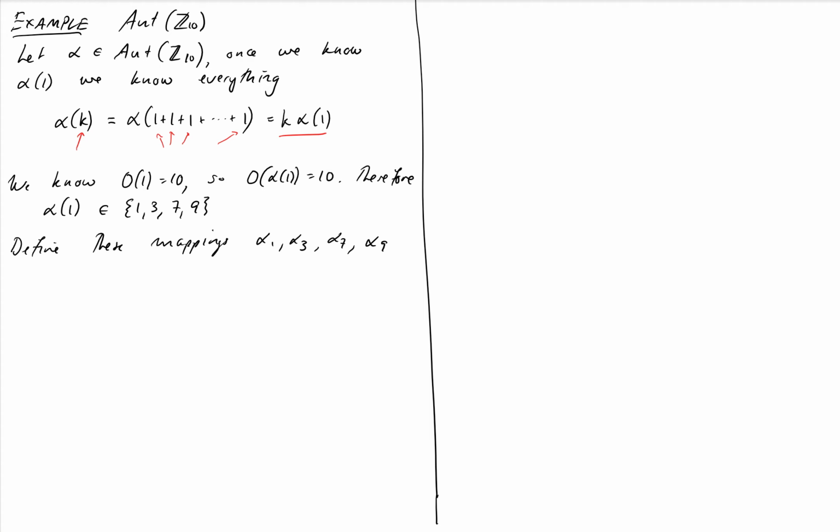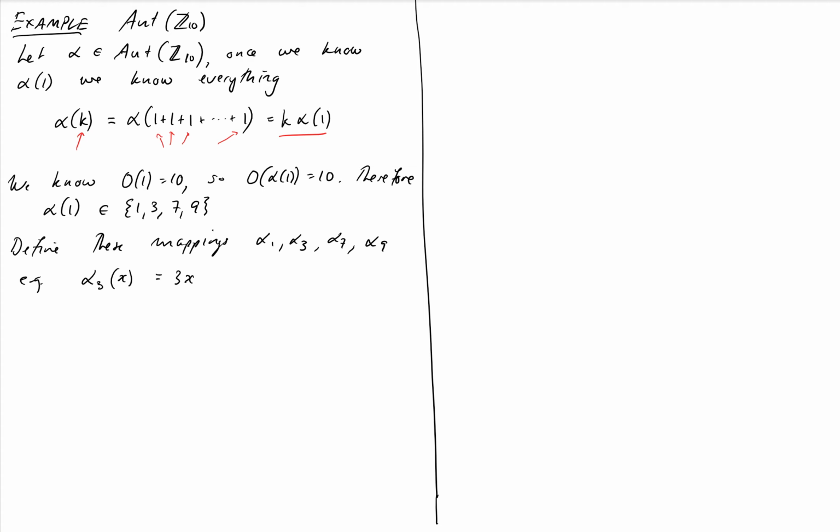Just to remind ourselves what the mapping is, e.g. alpha 3 of x is equal to 3x. It's k times alpha of 1, and alpha of 1 for alpha 3 was equal to 3. So alpha 3 of k or x is equal to 3x.